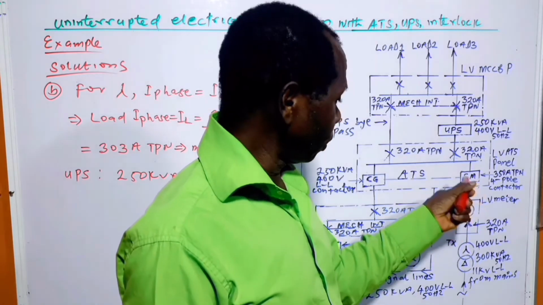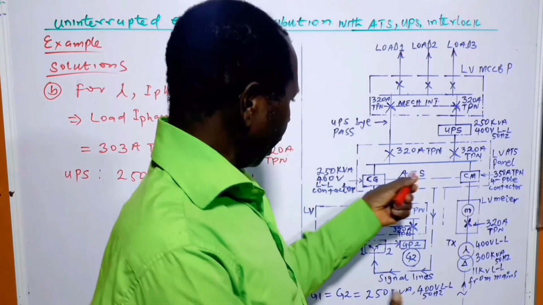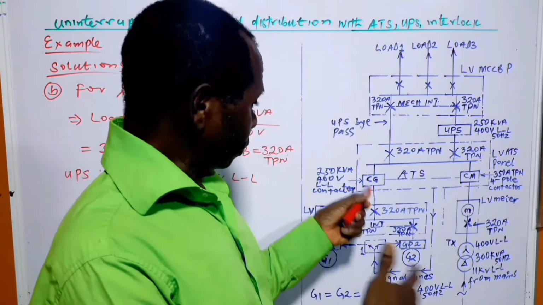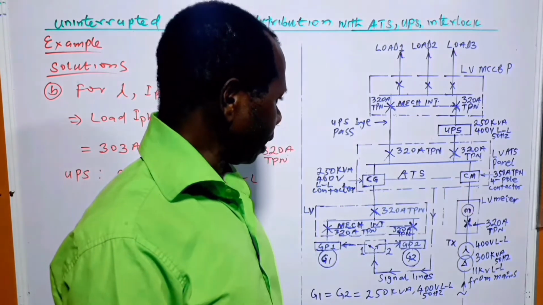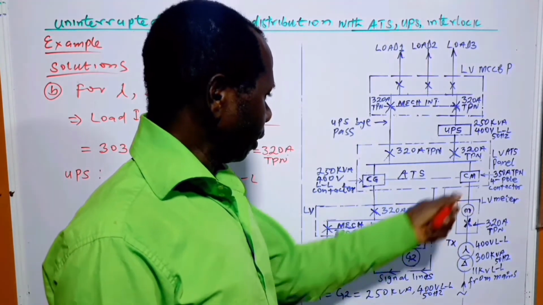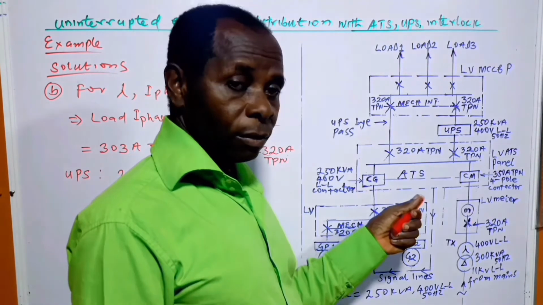CM here means contactor for the mains supply. In order to have an automatic transfer switching system, it is easier to use a contactor, or we can use a motorized circuit breaker.